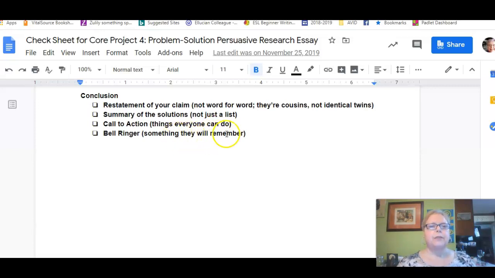And then you want to have a really strong statement to conclude your essay. Sometimes this is called the bell ringer. It's something that hopefully people will remember. If you have a way with words and can put something that has like 3 points that people can remember.